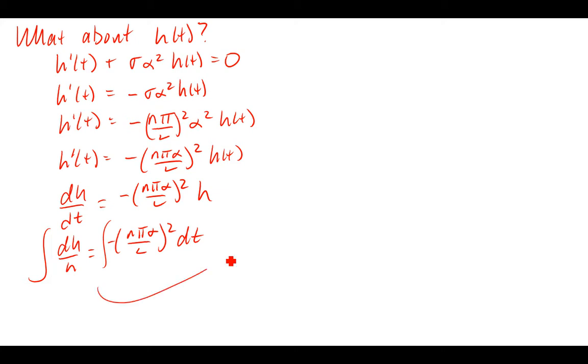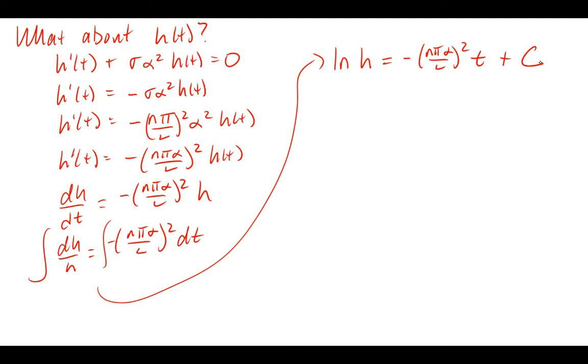All right, so of course, over here you get ln, which then when you undo the ln with the e, we're going to end up with, well, I'll do this in steps, right? So I get ln of h. And over here, of course, you just get that stuff times t plus an integration constant.